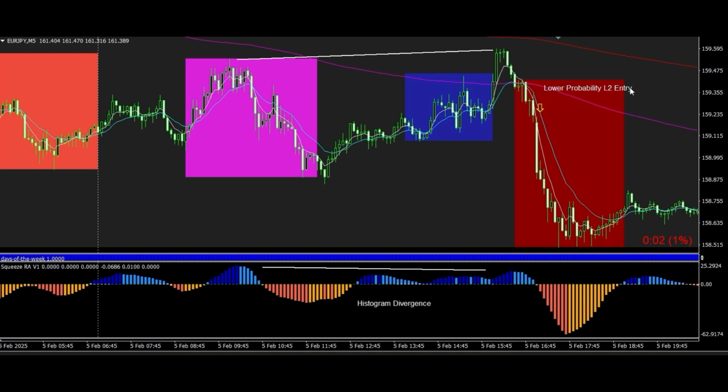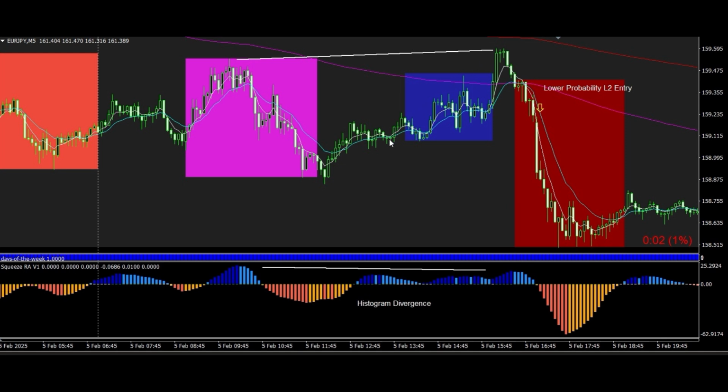So this lower probability level 2, we're taking our level 2 from the 1-hour chart. And on this 5-minute chart, we see a divergence between the histogram. And it might not be a confident entry because you see a lot of blue histogram activity.